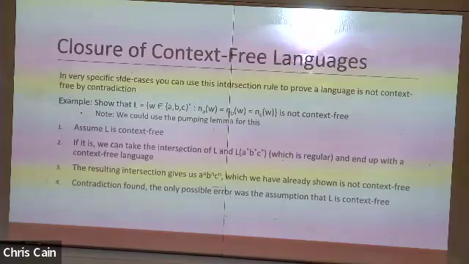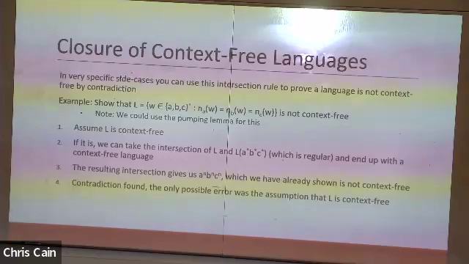Which seems different than A star, B star, C star, because then you can just kind of... It is different, okay, but in the intersection of those languages, we're placing an additional restriction on the number. We're saying that all the A's have to come before all the B's, which have to come before all the C's, and there have to be the same number of each of them.